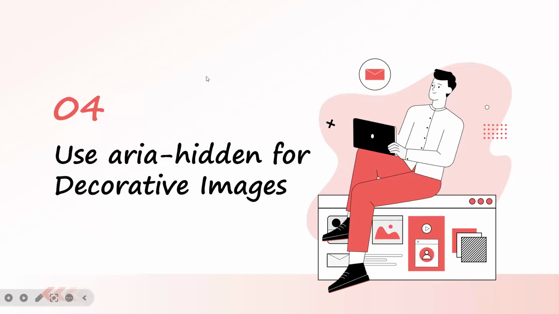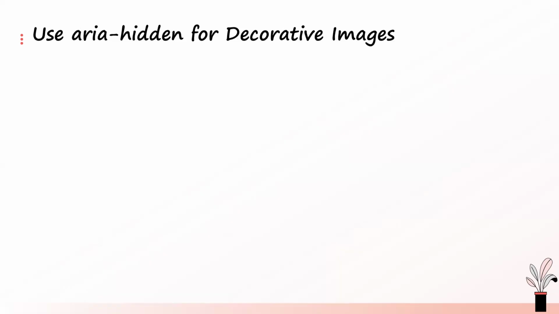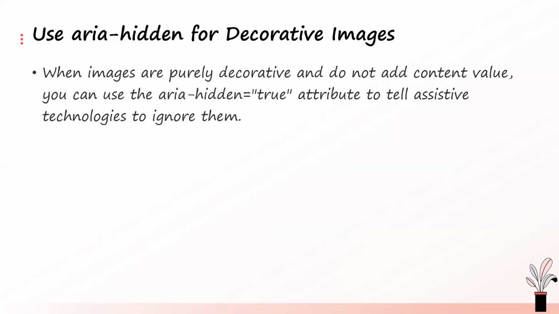So use ARIA hidden for decorative images. When images are purely decorative and do not add any content value, there's no need to show them to these people because they're not going to actually see the image. So you can use the aria-hidden true attribute to tell assistive technologies to ignore them, since they don't convey any meaningful value.